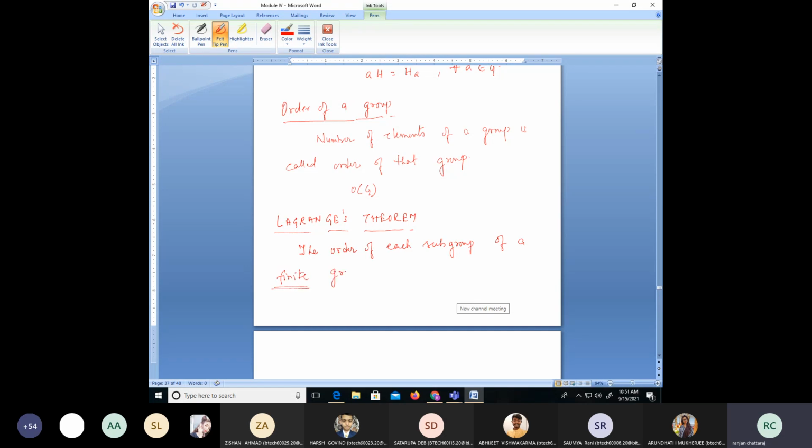Suppose I say G. H is any subgroup, but all the subgroups. The order of each subgroup of a finite group G is a divisor of the order of G.